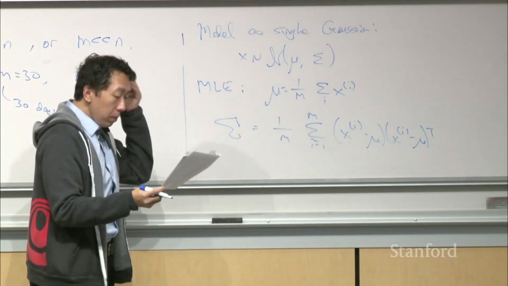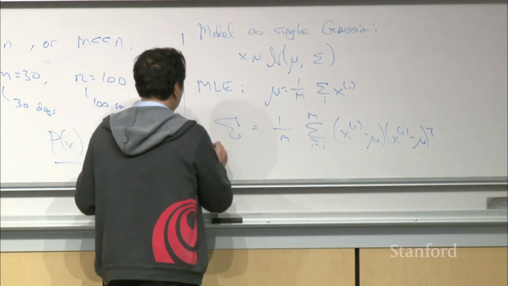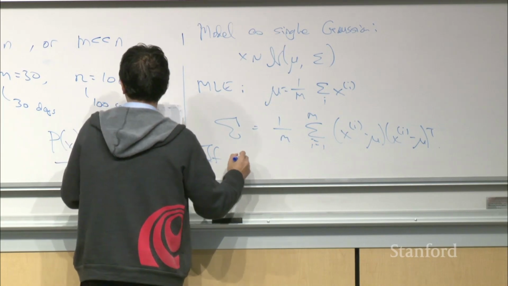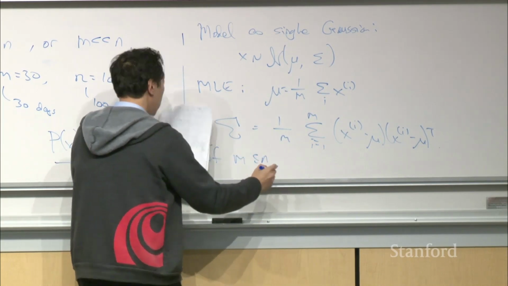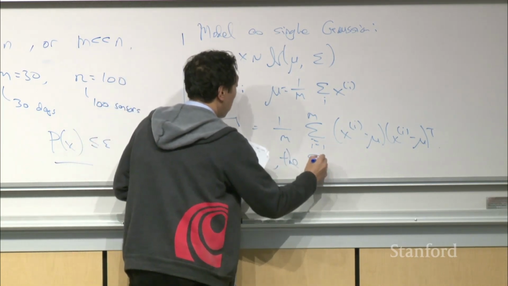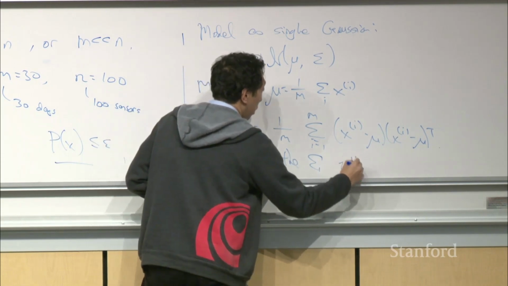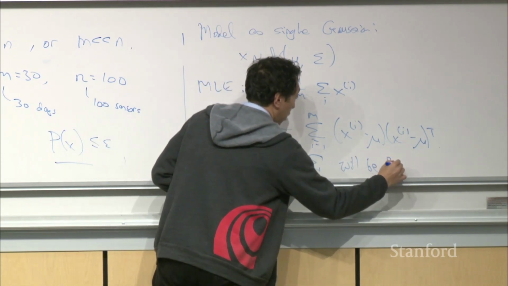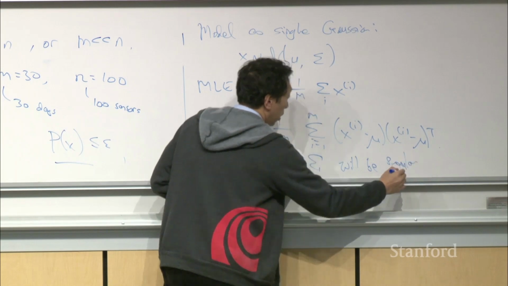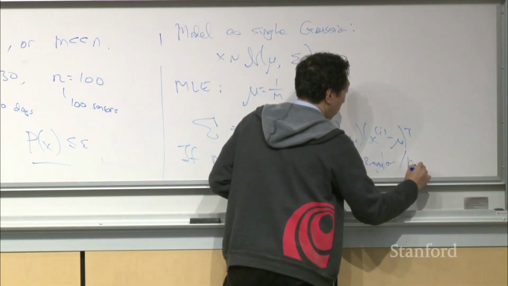Right? But it turns out that if m is less than or equal to n, then sigma, this covariance matrix, will be singular. Right? And singular just means non-invertible.